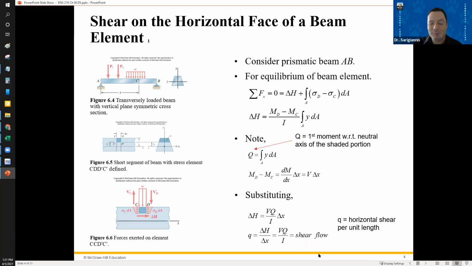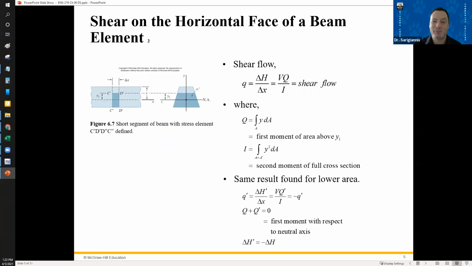There's nothing really flowing, but it's the way the shear stress goes. It's a horizontal shear per unit length of the material. That's your transverse shear, times your Q, the first moment of that area, divided by the moment of inertia of the cross section of the beam.